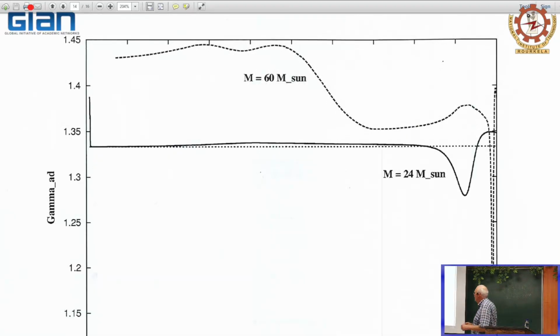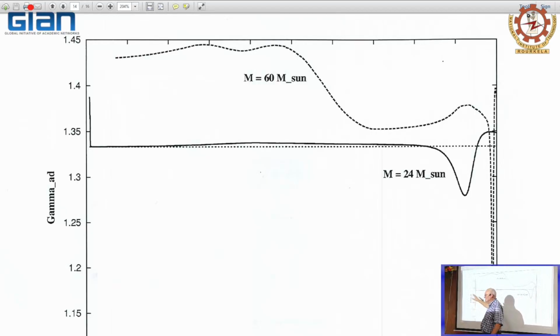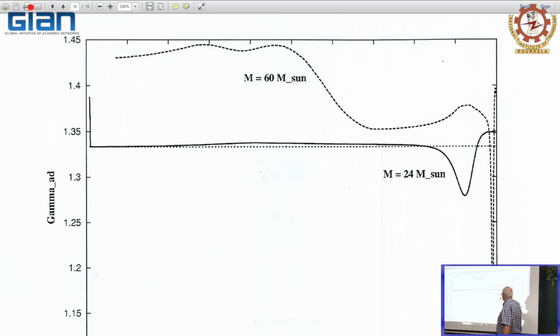So if you take the mean over the entire star, the region where gamma falls below 4/3 does not count too much, because the weight function is the pressure, and here we are close to the surface. The pressure is by orders of magnitude smaller than in the center, so that region does not have a big influence.